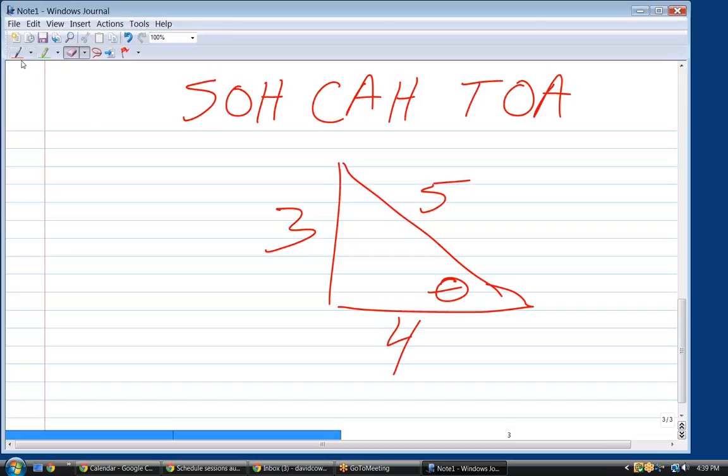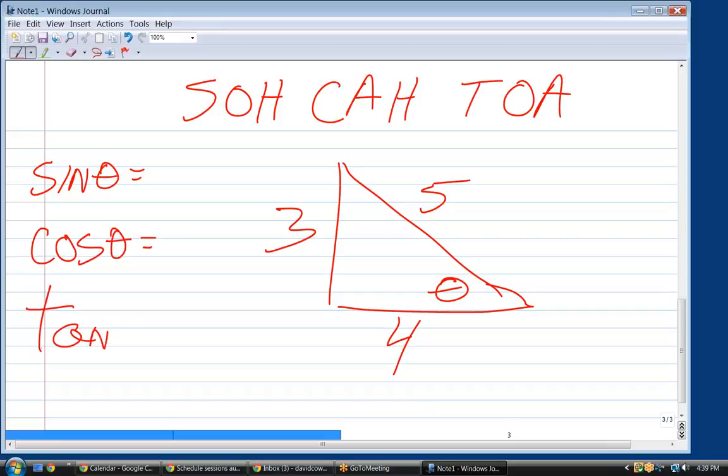What's the reciprocal of sine? Do you remember? Would that be cosecant? Yeah, it's 1 over cosecant. This is 1 over secant, and this is 1 over cotangent.